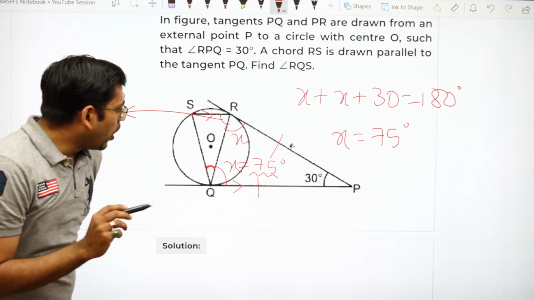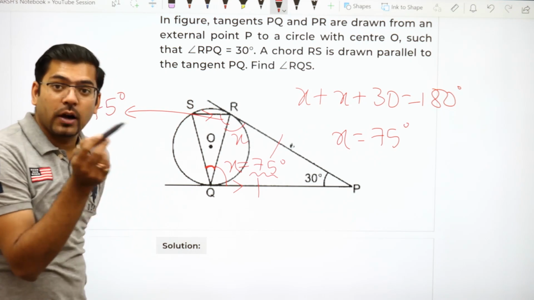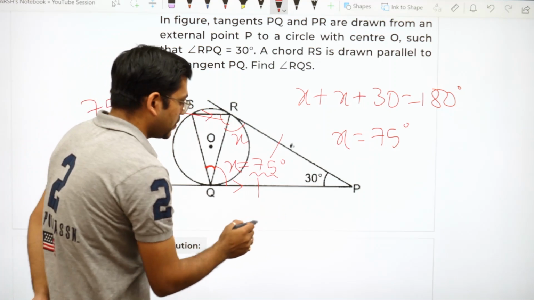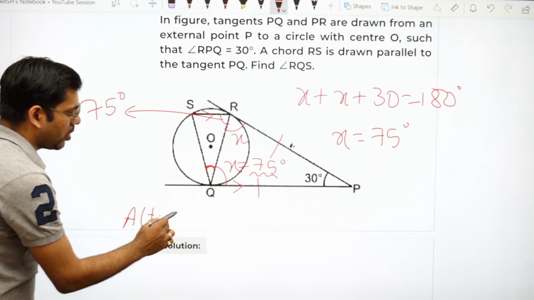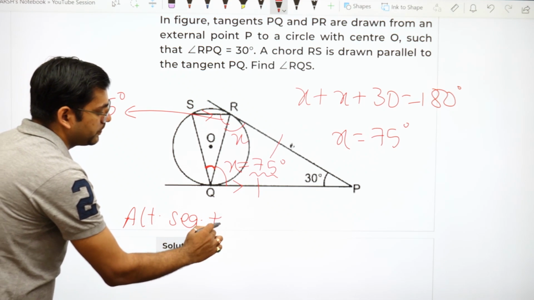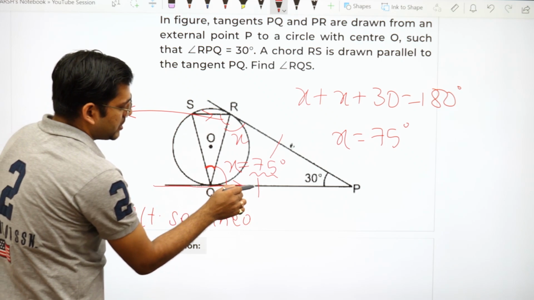Now you all must be knowing the alternate segment theorem, and using that alternate segment theorem, this is a tangent.